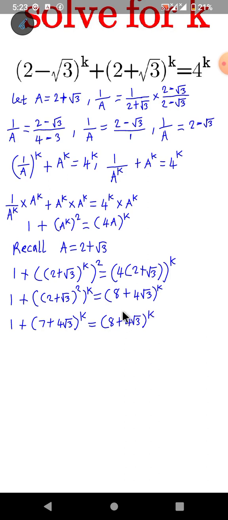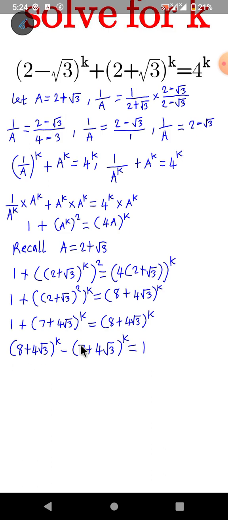Then my next step will be to rearrange this. So now I'm going to write this as open bracket, 8 plus 4 root 3, raised to the power of k, minus 7 plus 4 root 3 raised to the power of k, all equal to 1. So this expression here is the same as this.